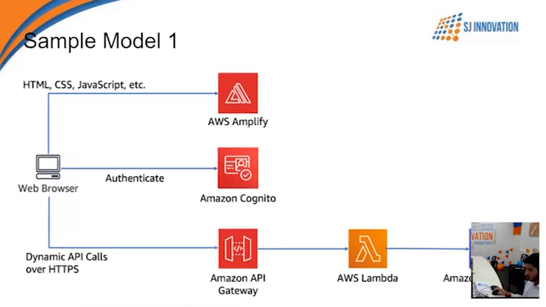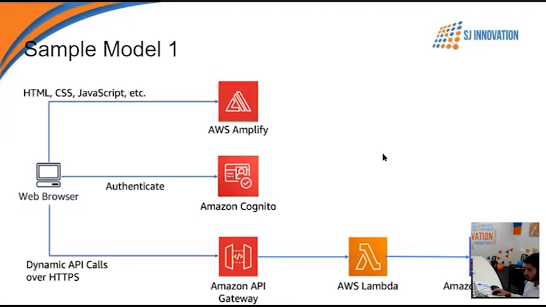So here I have put different models which we are likely to be using in a serverless environment or while working with AWS serverless. All the HTML, CSS, JavaScript related front end technologies to build your application will be deployed onto Amplify.